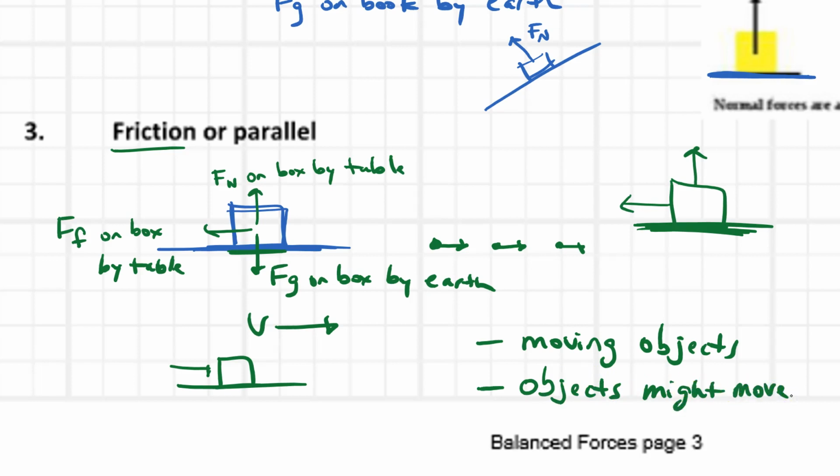So we kind of have two flavors here. I'm going to call this one kinetic friction. And in a situation where I'm pushing on the object but it's still not moving, we're going to call that static friction. And we'll be talking more about that later.